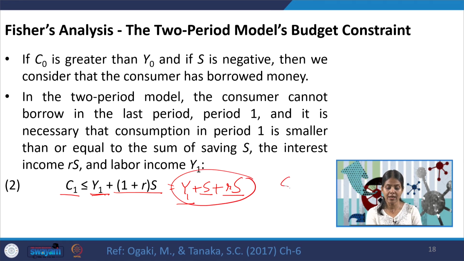But if S has been negative, meaning in the previous period you have consumed more, then this rS is also negative, which is basically the interest that you would be paying on the borrowed amount. S is also negative, so you have already drawn, and this refers to the principal amount. So, S plus rS is the amount that you are supposed to return, which would be subtracted from y1, and then that would be equal to your consumption in period 1.